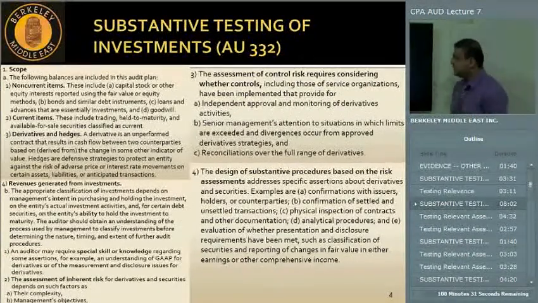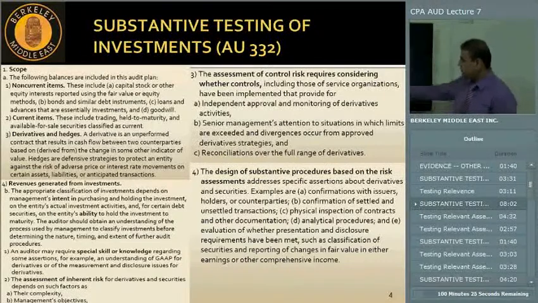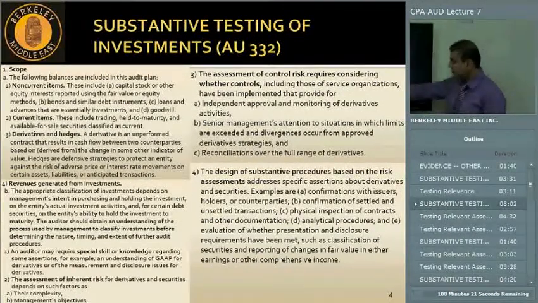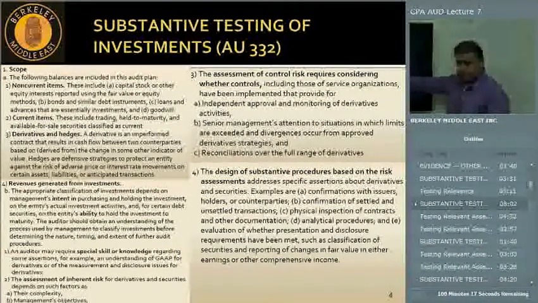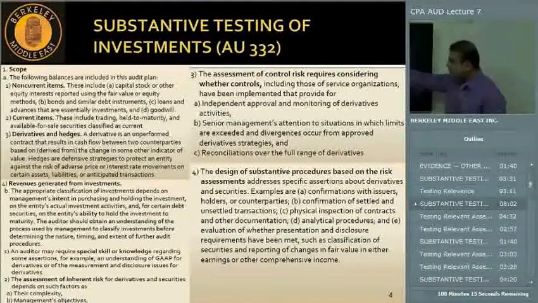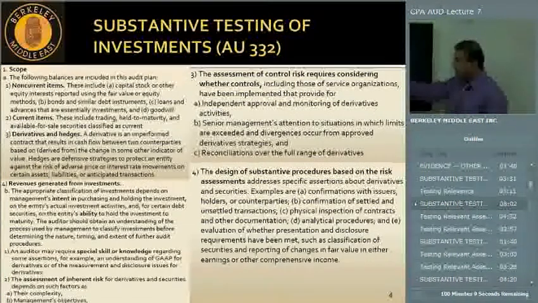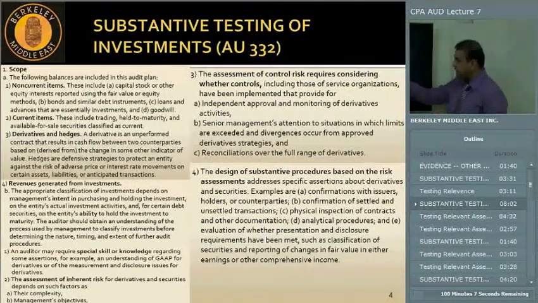Let's discuss the substantive testing of investments. First of all, the four balances included in the audit plan. What are those? Non-current items, current items, derivatives and hedges. What are non-current items? These include capital stock or other equity interest reported using the fair value or equity method, because this is an investment.